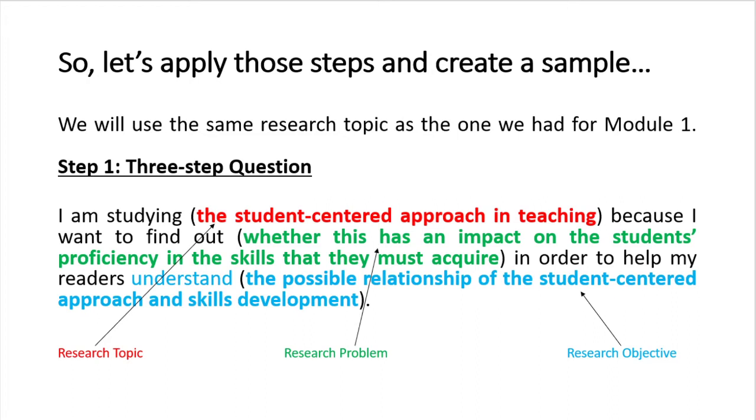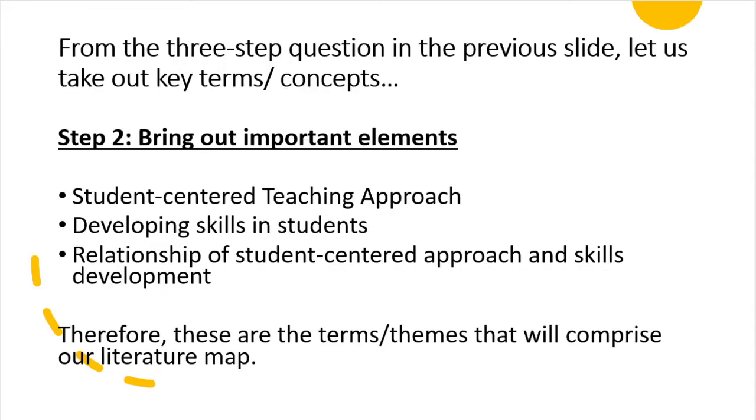Now we proceed to step 2, which is the identification of the key concepts and the important elements under this three-step question, or even under your research topic. So step 2 is to bring out the elements, and from our literature map step 1, which was the three-step question, we brought out the following important elements.